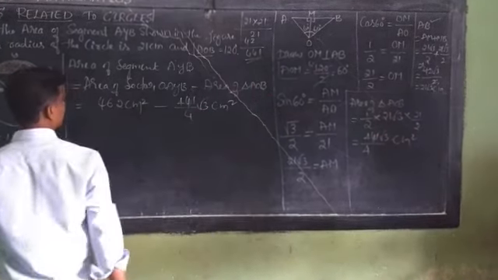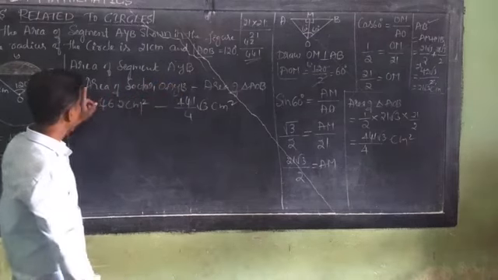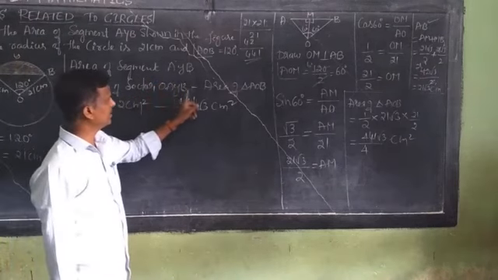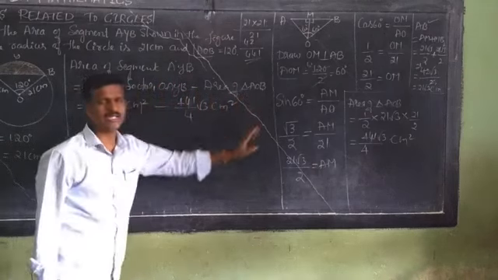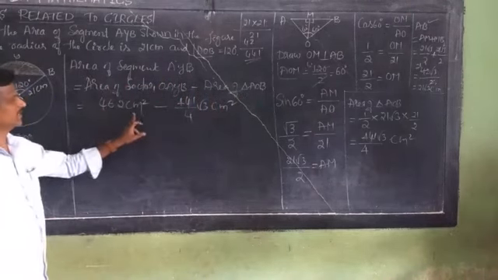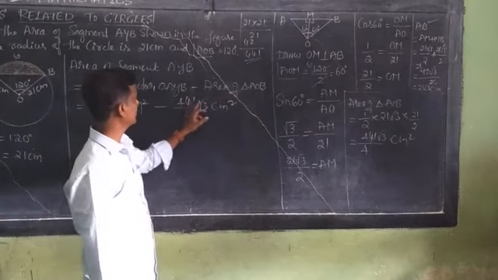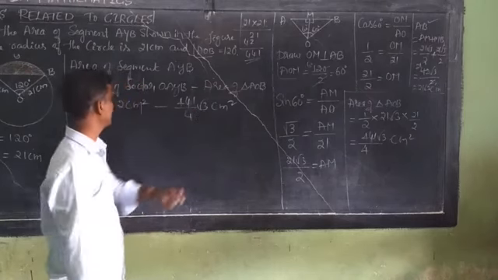Therefore, the area of the segment AYB is equal to area of sector OAYB minus area of triangle AOB. The area of the sector is 462 centimeter square minus the area of the triangle AOB, which is 441 by 4 root 3 centimeter square.